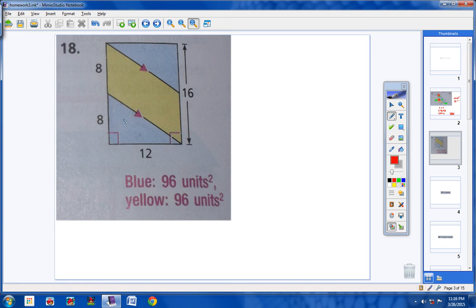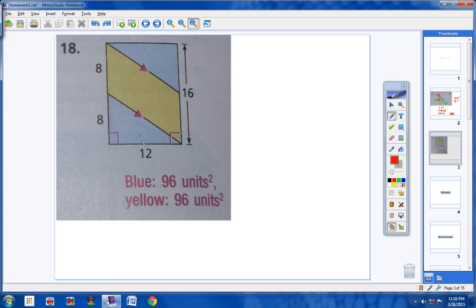I'm trying to think if it's easier to find the area of the entire rectangle, the whole thing, and then subtract out the two blue triangles to find the yellow. If that's easy, well, let's do this real quick.